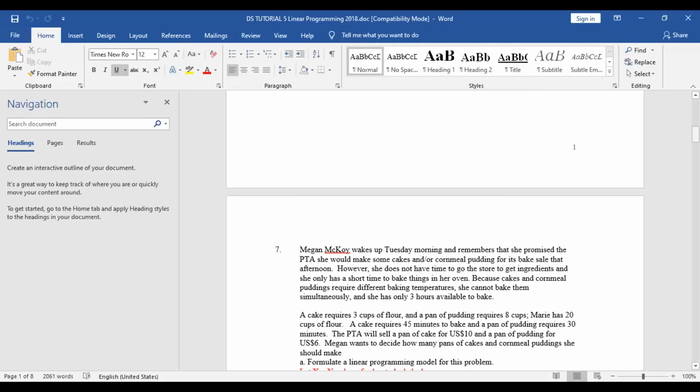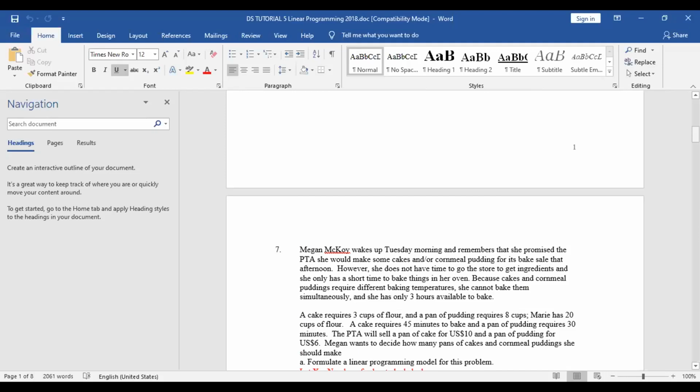It also swings back again to tell you about the time for baking. It says 45 minutes to bake a cake and 30 minutes to bake a pudding. But I think it should be the other way around, because I think cornmeal pudding requires more baking time. But anyway, what do I know? And then it tells you about the profitability.